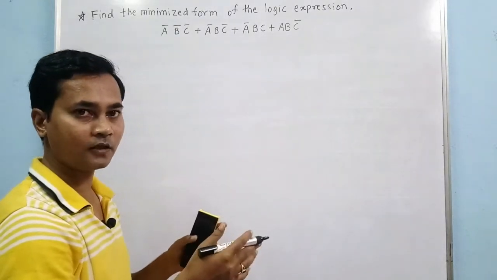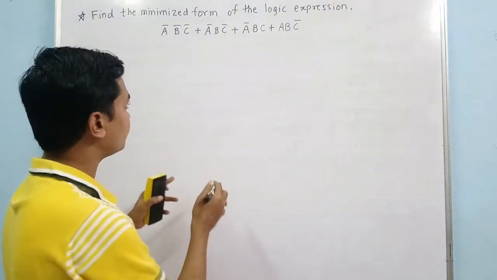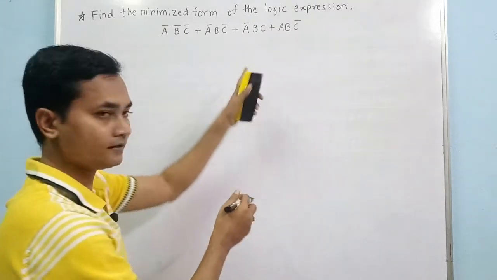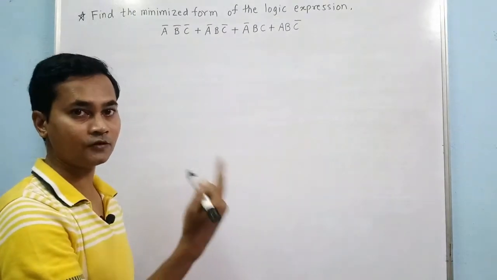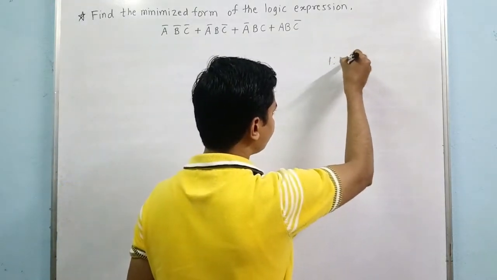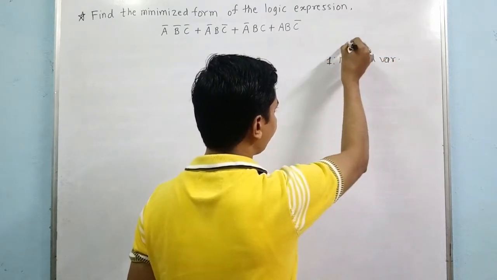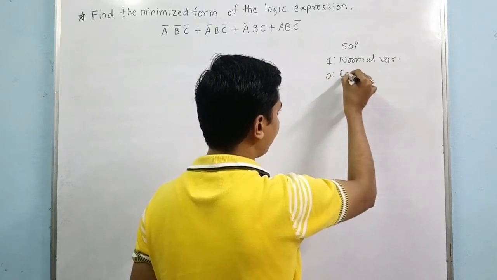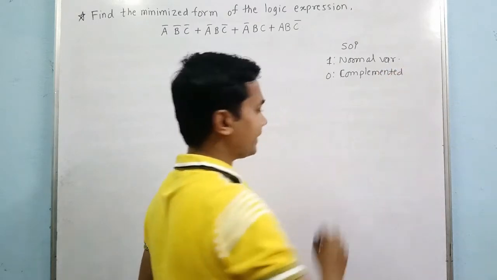How to locate the ones in the cells, that we have seen. We have to know the ones and zeros in this SOP form. In the SOP form we write 1 for a normal variable and 0 for a complemented variable.